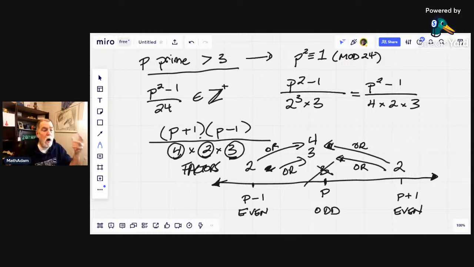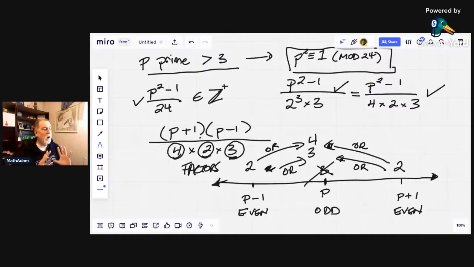So all of the factors of 24 divide into P squared minus 1. Okay, so that means that 24 divides into P squared minus 1, but that is the same as saying that P squared is congruent to 1 modulo 24.